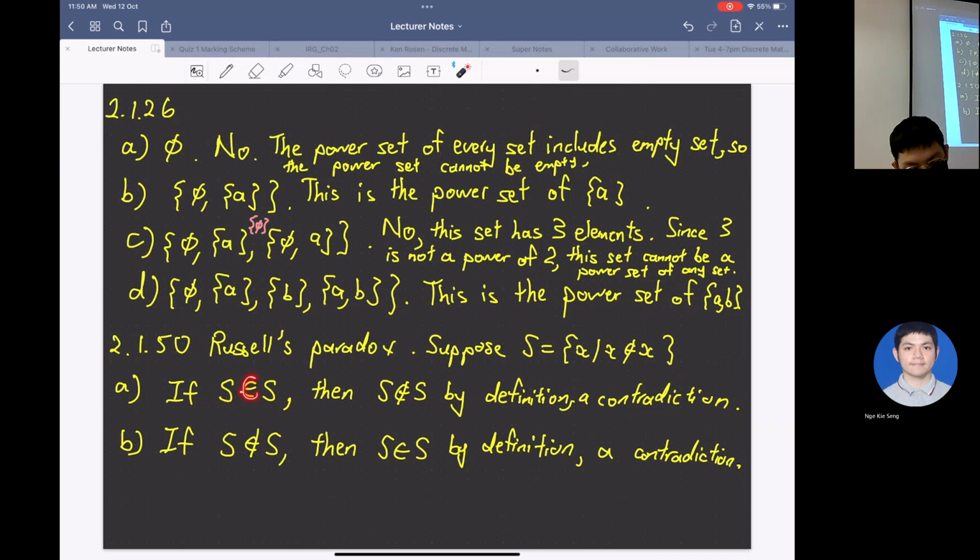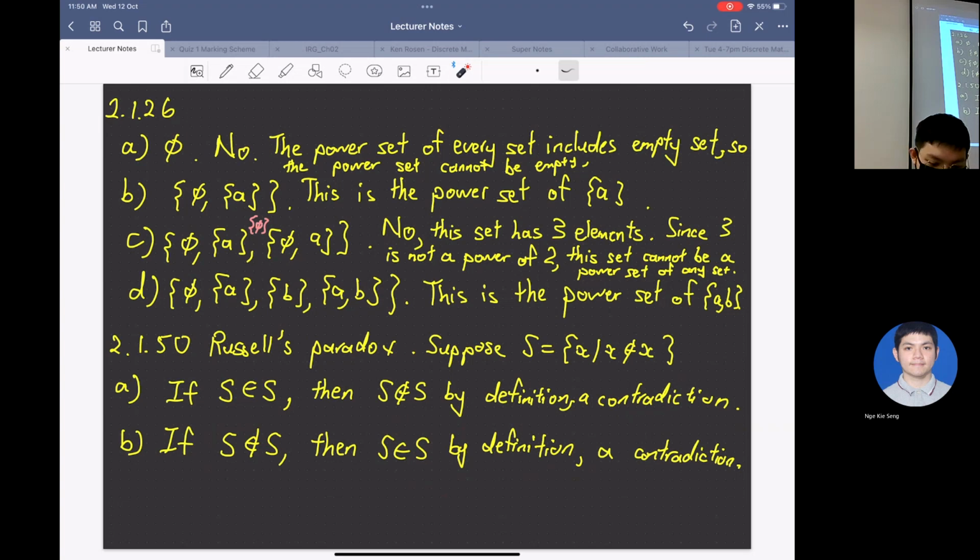If X is in there, it follows this predicate, so X is not an element of itself, which contradicts. If X is not in there, then because it satisfies this predicate, X is in the set. So by definition, that contradicts again, because you assume not in and then you prove that it's in.